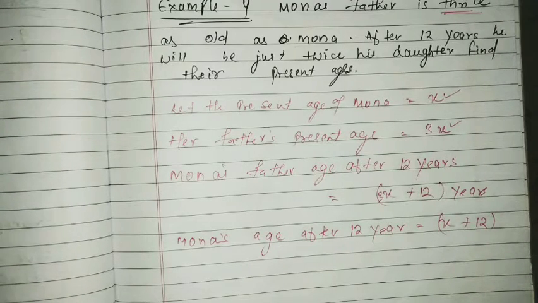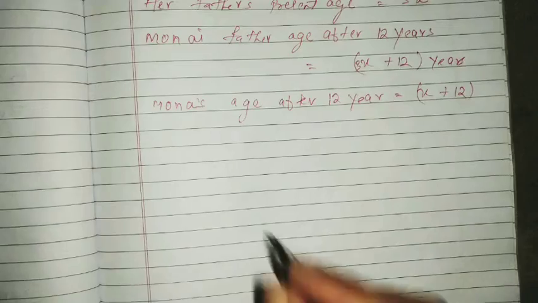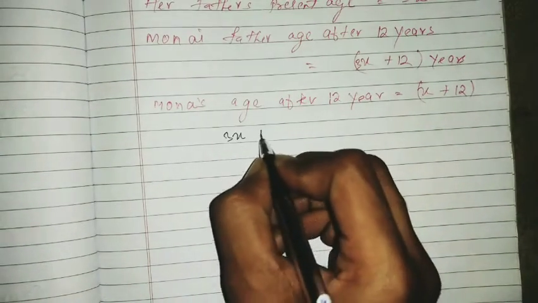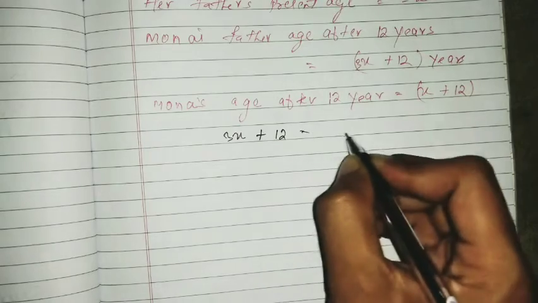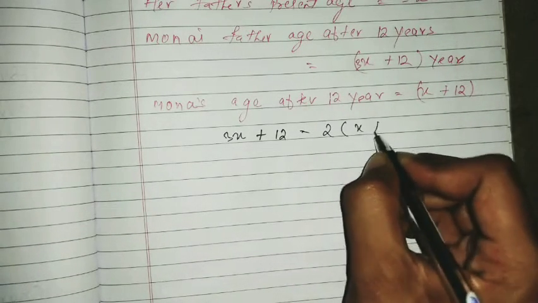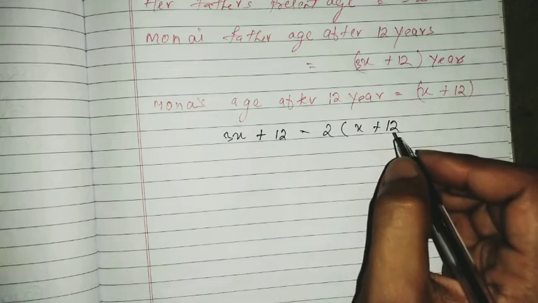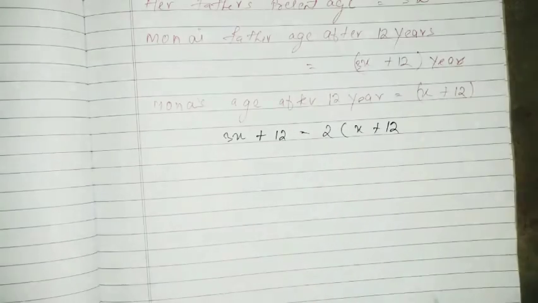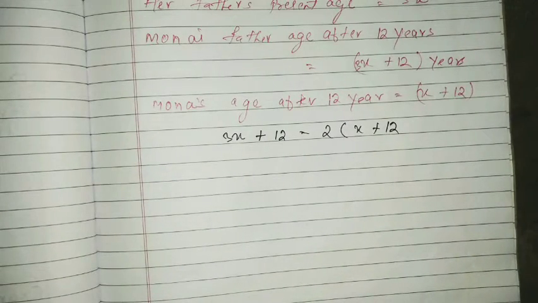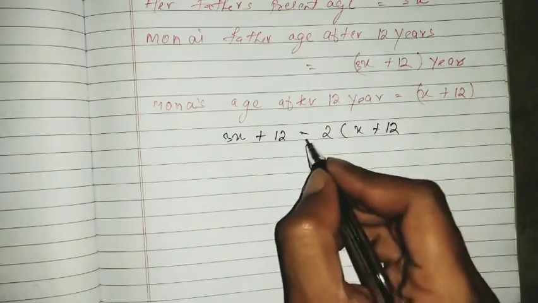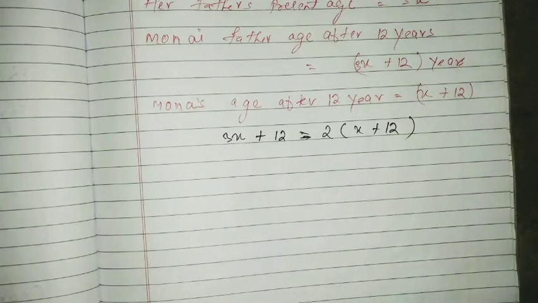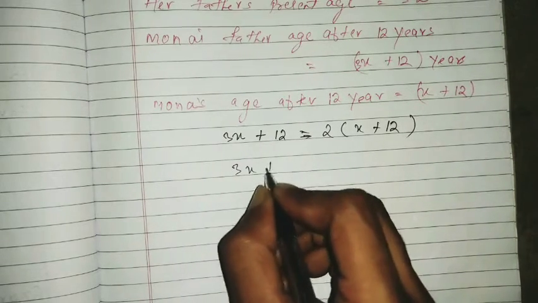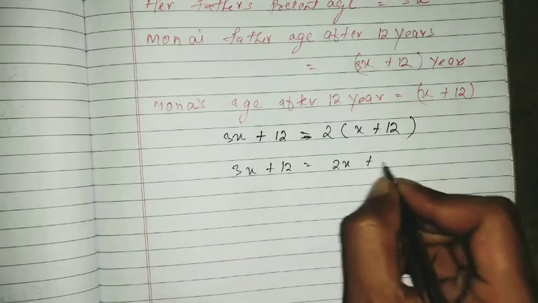So we get the equation: 3x plus 12 is equal to twice his daughter's, so 3x plus 12 is equal to 2 times (x plus 12). Solve the bracket: 3x plus 12 is equal to 2x plus 24.